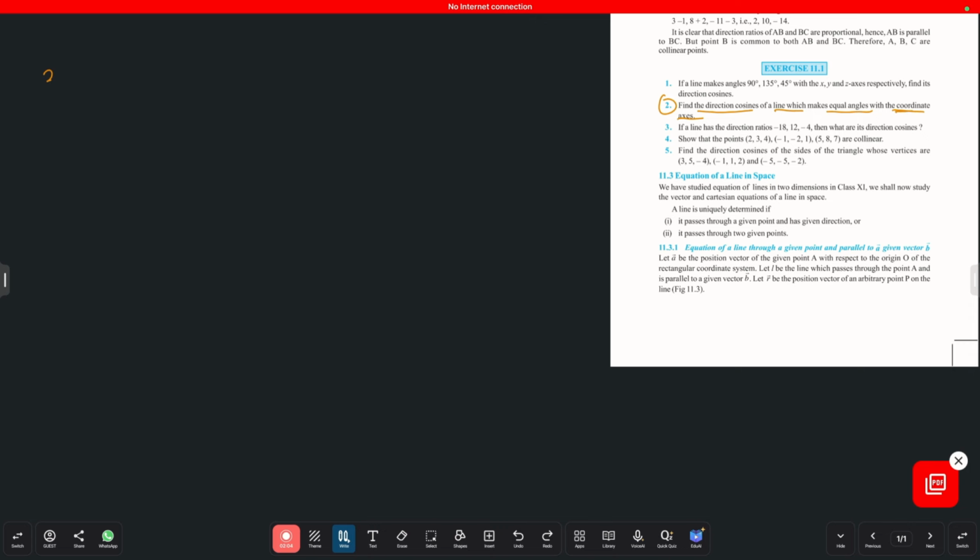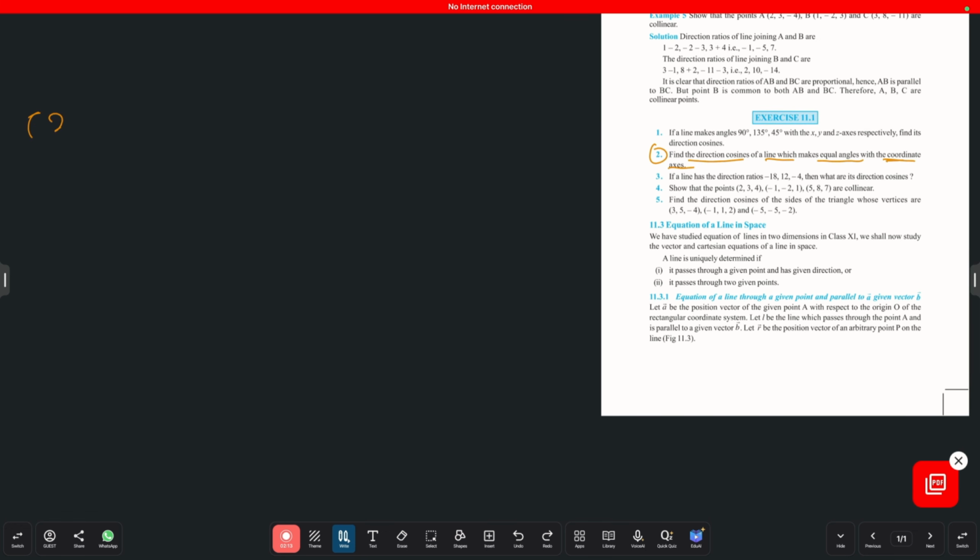So alpha equals beta equals gamma. Then l equals cos alpha, m equals cos alpha, and n equals cos alpha. Or you can write cos beta or cos gamma, your choice, because all are equal.